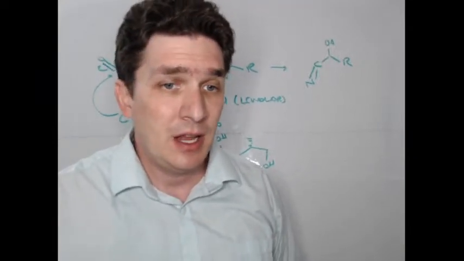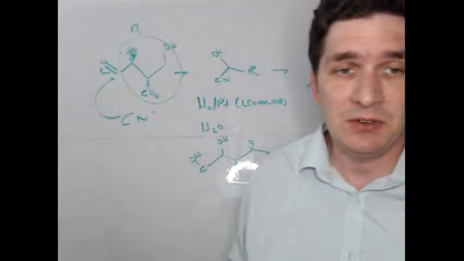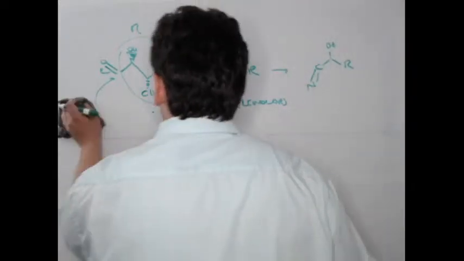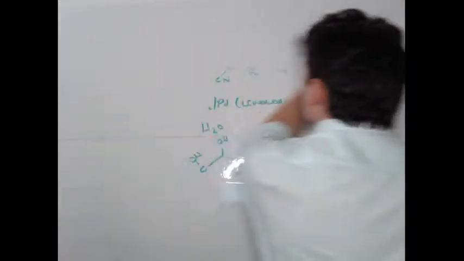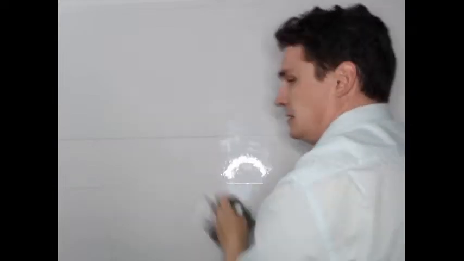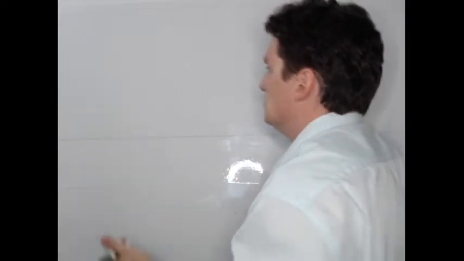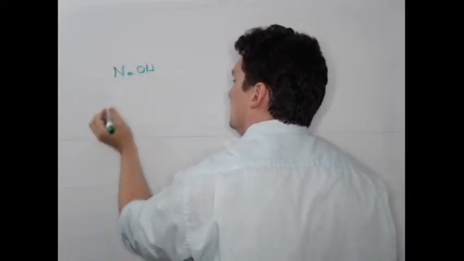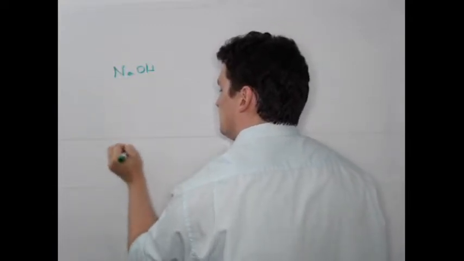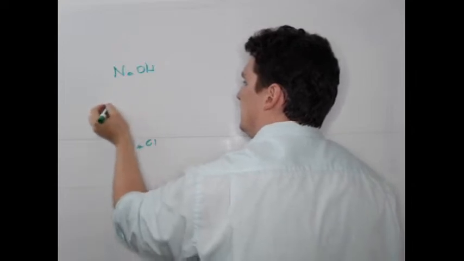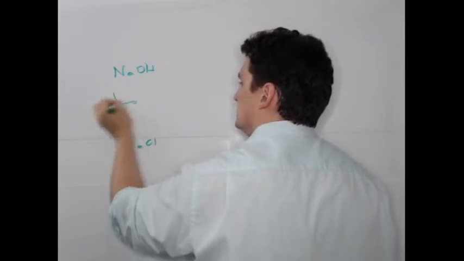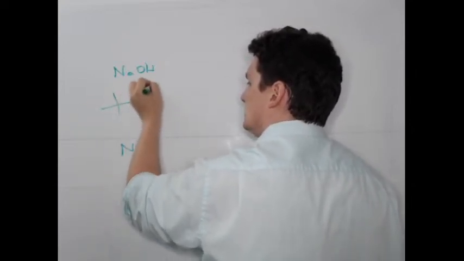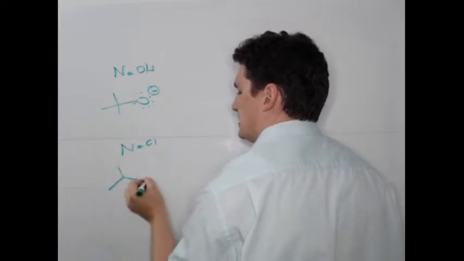All right, so Adrian, to answer your question, could you explain elimination versus substitution for the discussion board? So for this discussion board, going off the top of my head here, I know it's sodium hydroxide, sodium chloride, and then you've got tert-butoxide and isopropoxide.